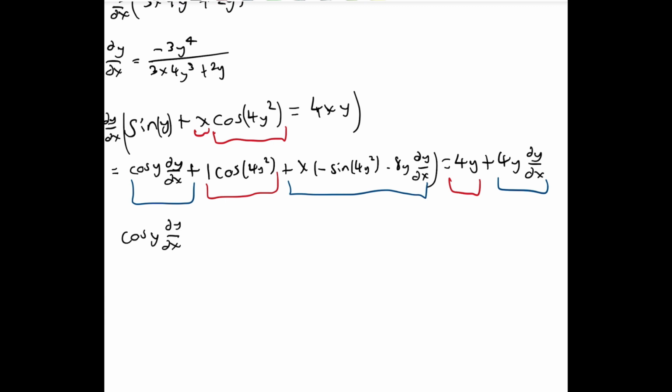I will simplify this term over here, so that is minus x times 8y dy/dx times sine of 4y squared. So that can stay here.